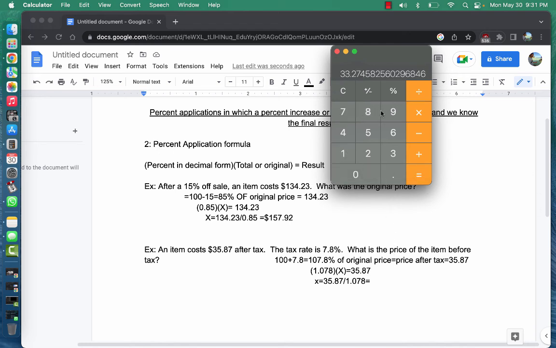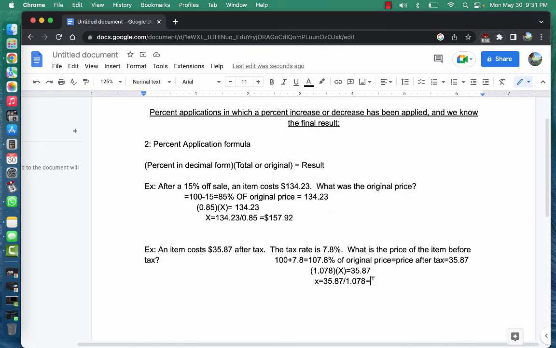Once again, this is money, so I need to round to the nearest cent. So I look to the 4 to the right. It says that I keep it the same, so $33.27. $33.27 would be the final answer.